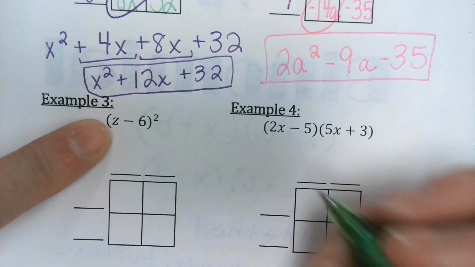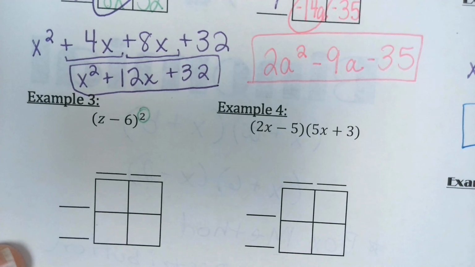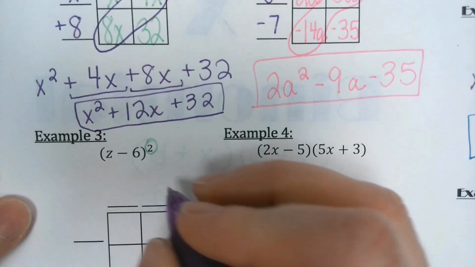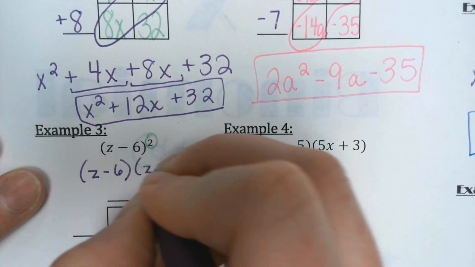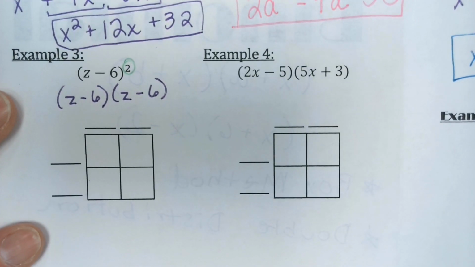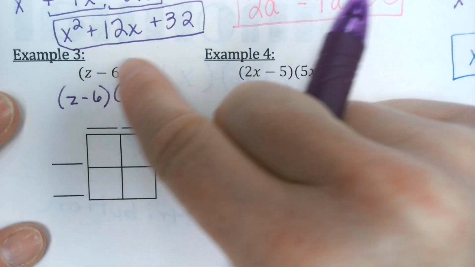But it is, because what does squared mean? Yeah, you're multiplying it times itself. So rewrite this as z minus 6 times z minus 6. So it's nothing new. You know what a lot of people want to do whenever they have the squared? They just want to distribute the squared.